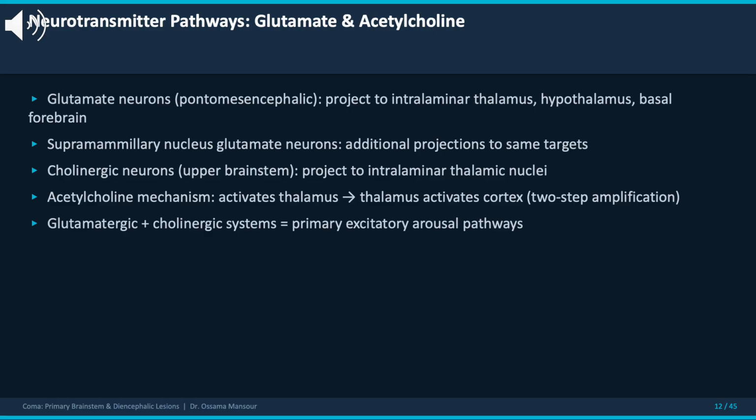Specifically, the thalamus, once activated by cholinergic input, sends widespread excitatory projections to the cerebral cortex. Thus, acetylcholine neurons in the brainstem don't directly activate the cortex. They activate the thalamus, which in turn activates the cortex, creating a two-step amplification system. These glutamatergic and cholinergic systems represent the primary excitatory neurotransmitter pathways in the arousal system.